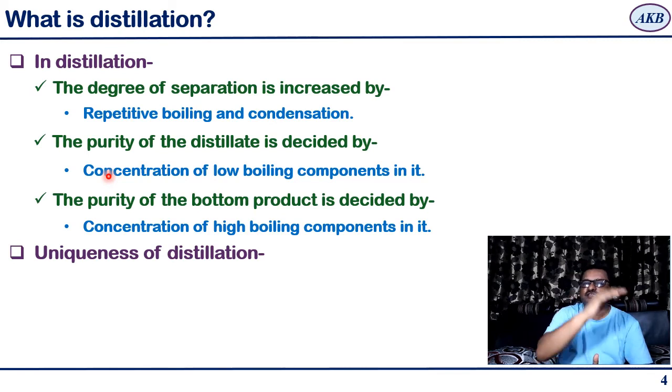The vapor phase is then condensed to get a liquid solution, which we call the distillate or the top product. Whereas the residual liquid solution is removed as the bottom product or the residue. The bottom product is rich in high boiling components, or less volatile components.